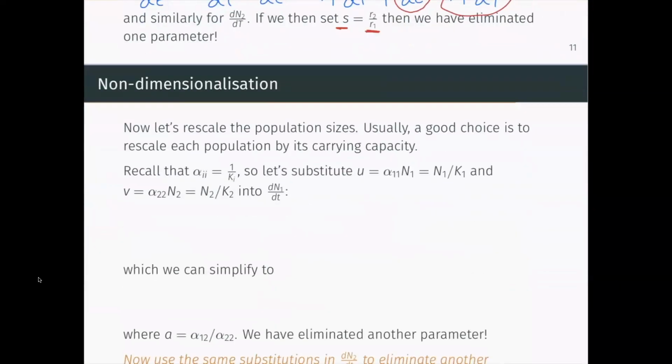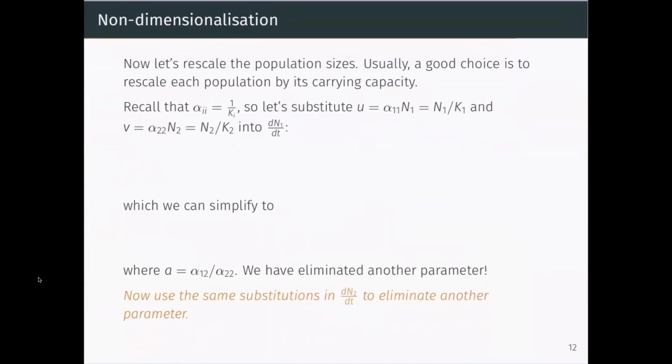Okay, so that was non-dimensionalization of time. We can do exactly the same by thinking about non-dimensionalization of the population sizes. To rescale these models according to the population sizes, one of the typical ways is to think about the carrying capacity for each population and rescale the population size according to that.